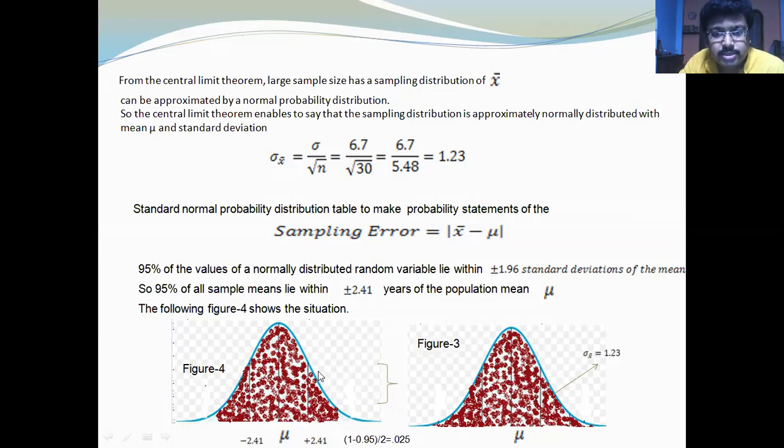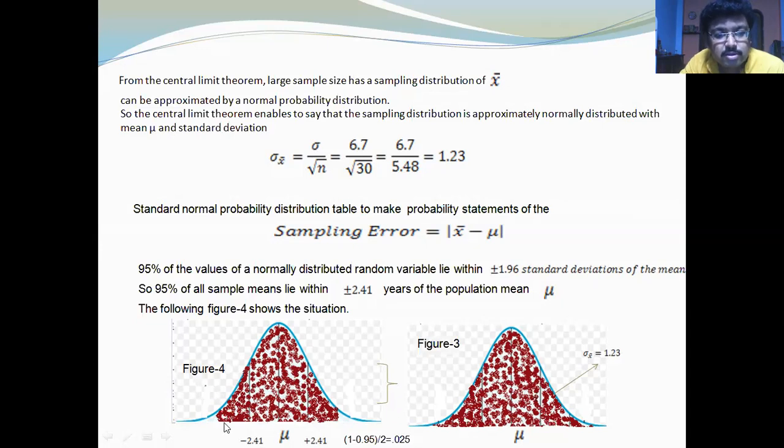So 1.96 multiplied by 1.23, the standard deviation of the sample mean, gives us the value 2.41. As there is plus minus 1.96, there is plus minus 2.41, and on that basis we get this difference.